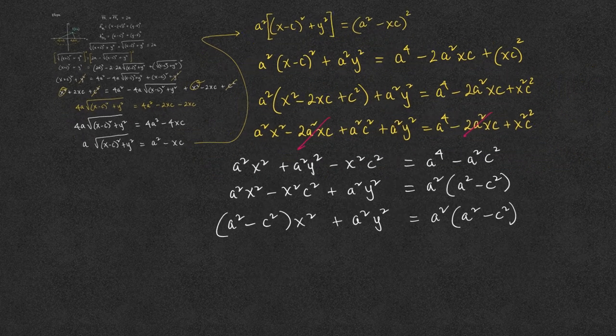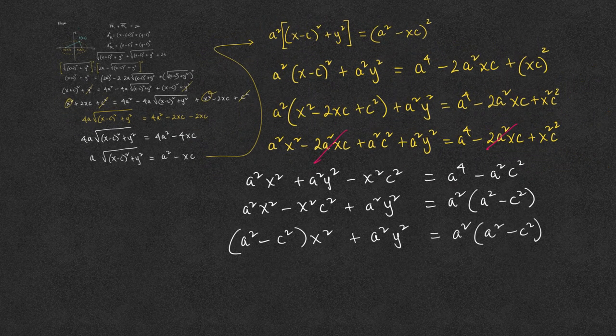To obtain a useful equation, we then let b squared be a squared minus c squared. In this case, for this to work, we would need to have a greater than c.